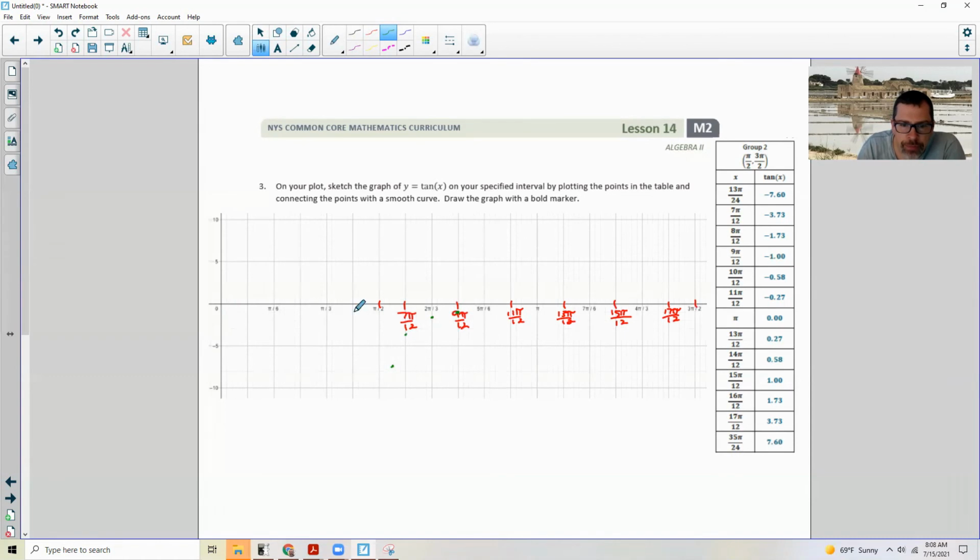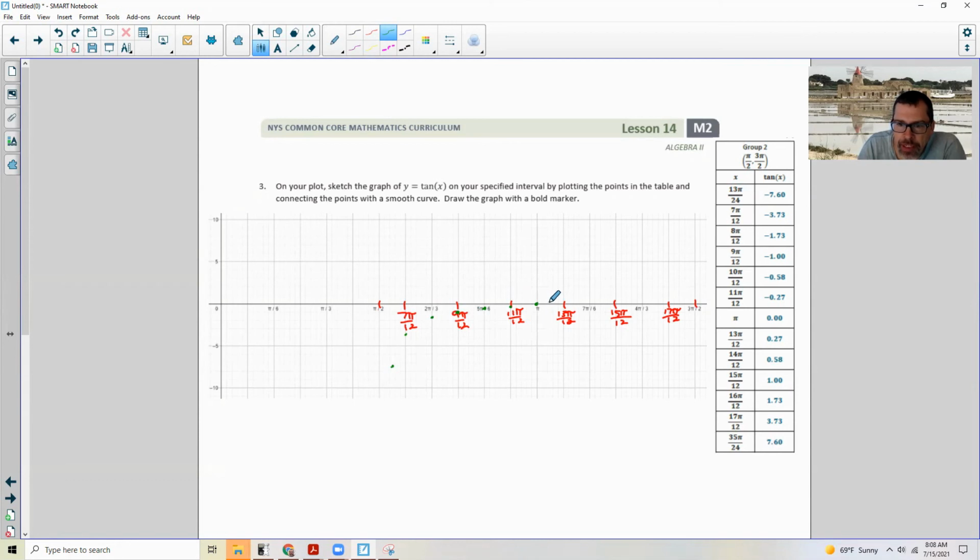Here's -1. 10 pi over 12 is 5 pi over 6. That's -0.58, a little bit more than a half, so that'd be about here. 11 pi over 12 is -0.27, which is about -1/4, which is approximately there. And then pi is 0.